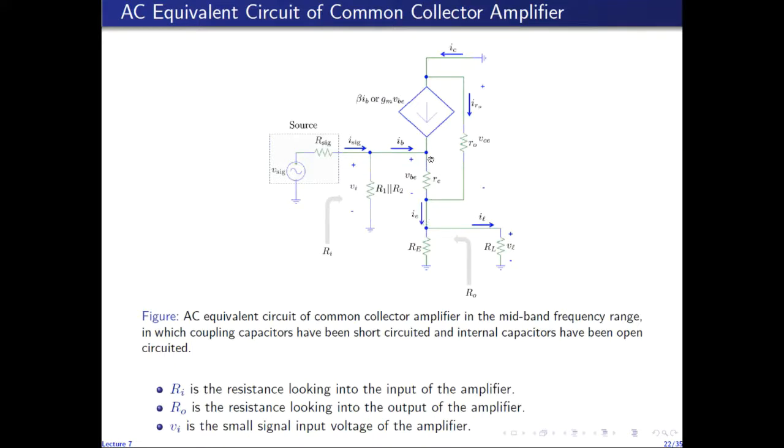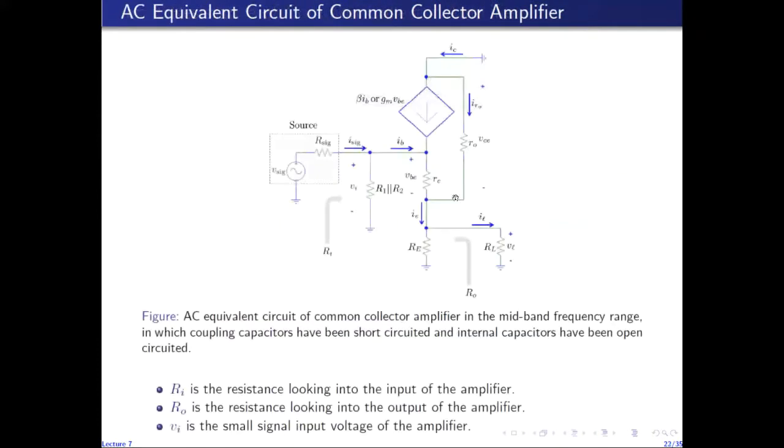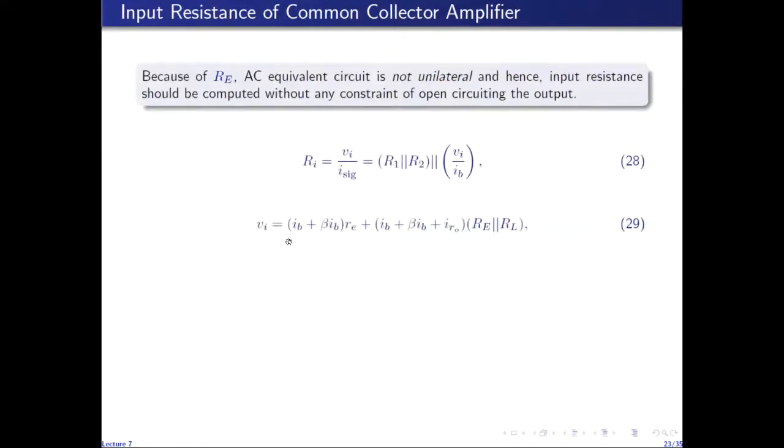And IE is given by the current through small re, which is IB plus beta IB, plus the current through R0, which is IR0. So IB plus beta IB plus IR0 times this equivalent resistance gives us VE. And VBE is given by this first term here. So VBE is the current through small re, which is IB plus beta IB, times small re. So this is VBE. And together this gives us VI.